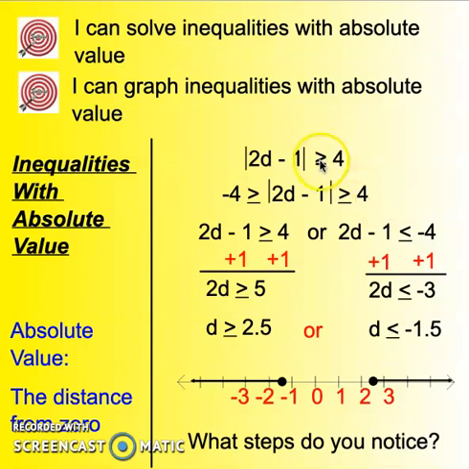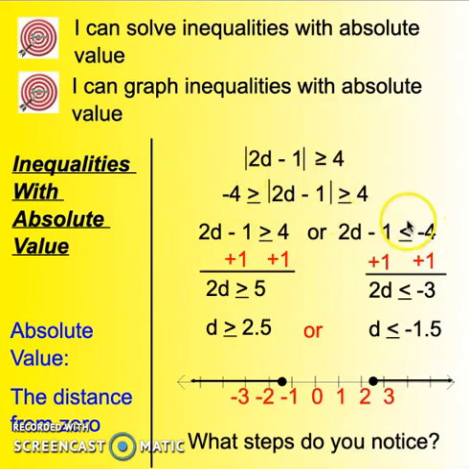This said greater than or equal to 4, and this says greater than or equal to 4, and that's also written down here. But look what happens if I take away the absolute value and I put a negative 4 on here also.